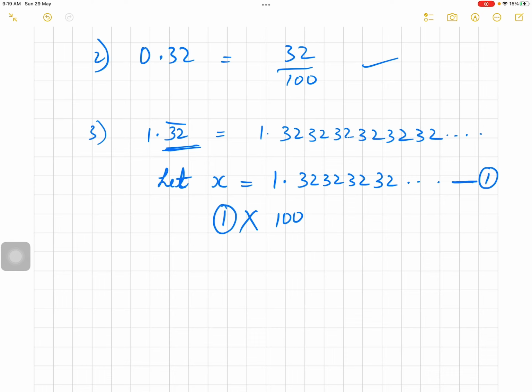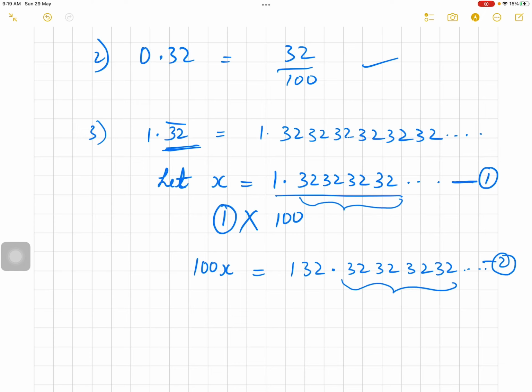If I multiply equation 1 by 100, it will become 100x is equal to 132.32323232, and let this be number 2. So what is happening? I'm making sure my decimal is the same.